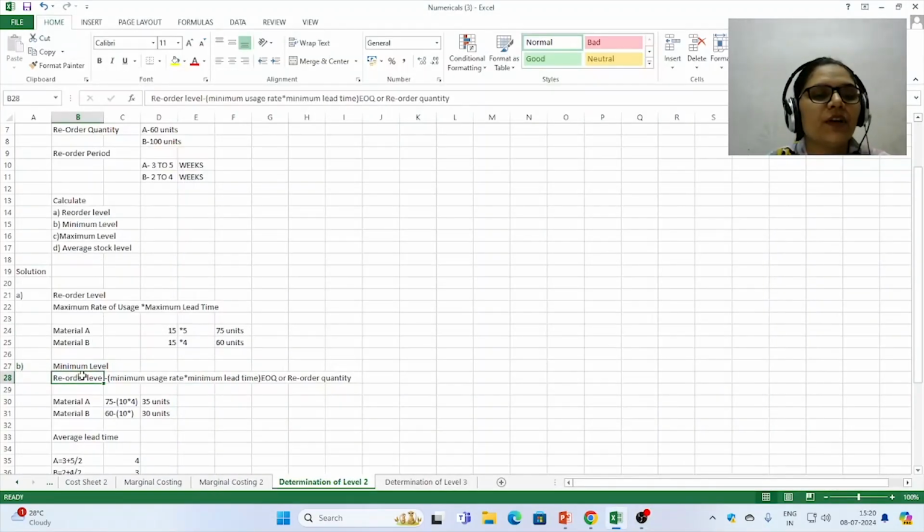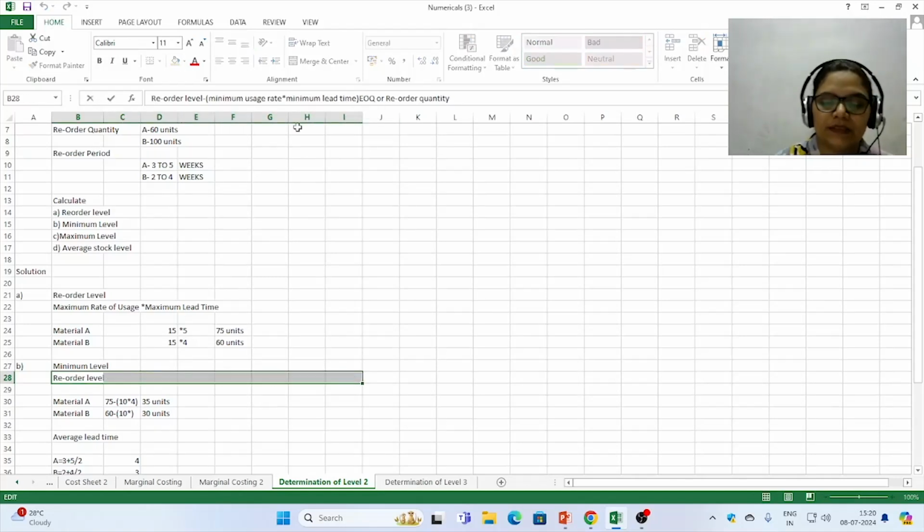Minimum level is reorder level minus minimum usage rate into minimum lead time plus reorder quantity. There is a mistake in the formula; it will be plus reorder quantity.